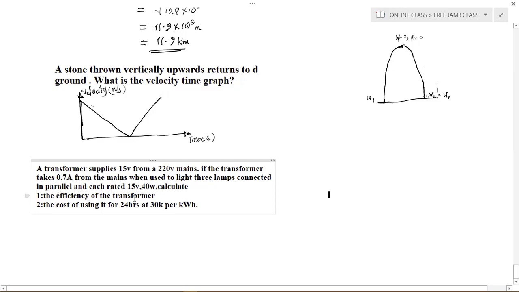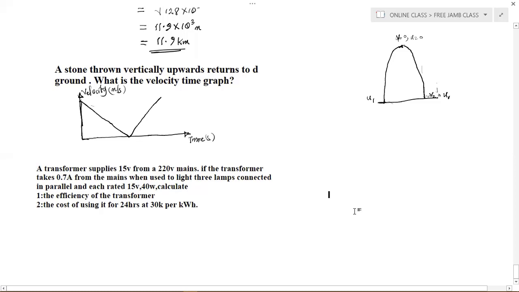Calculate one, the efficiency of the transformer. Two, the cost of using it for 24 hours at 30 kobo per kilowatt hour.